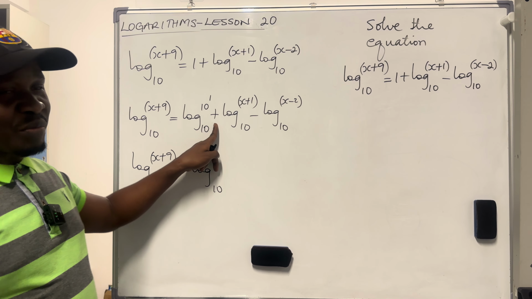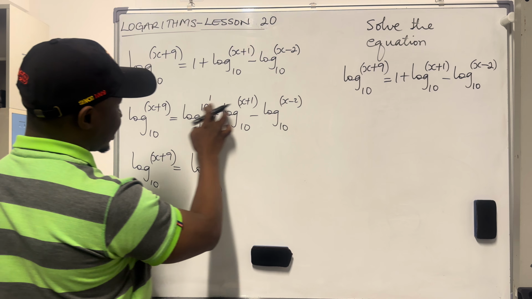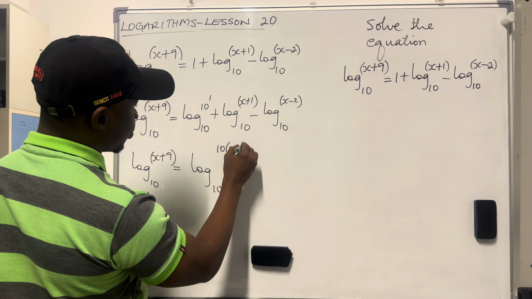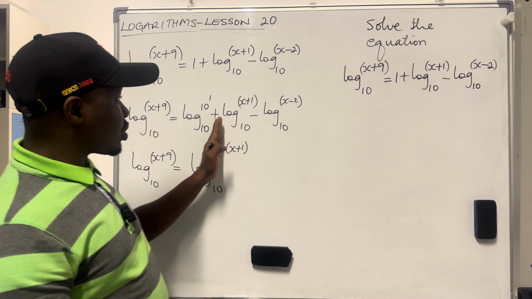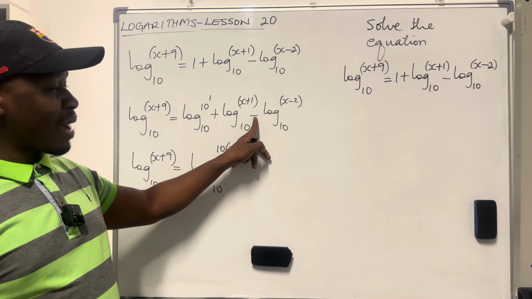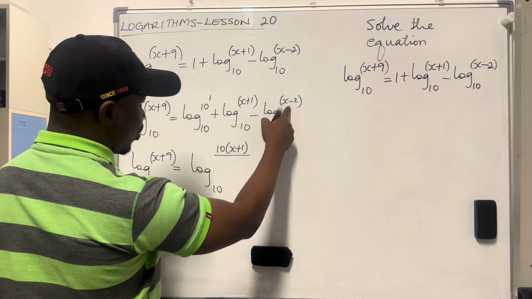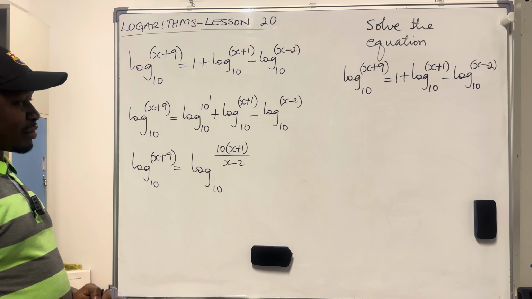A plus sign means multiplication, so we multiply the log numbers. This is 10(x + 1). And between this part and this part, they are separated by a minus. That simply means a division by (x - 2). I hope it is clear.